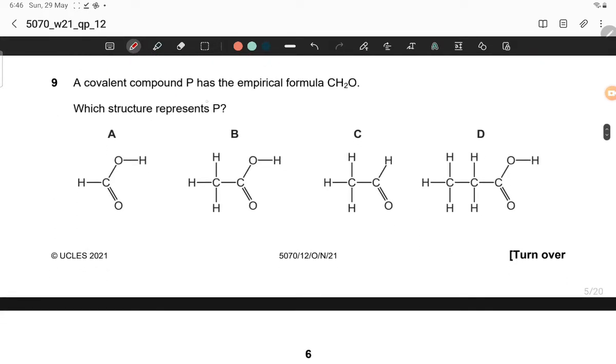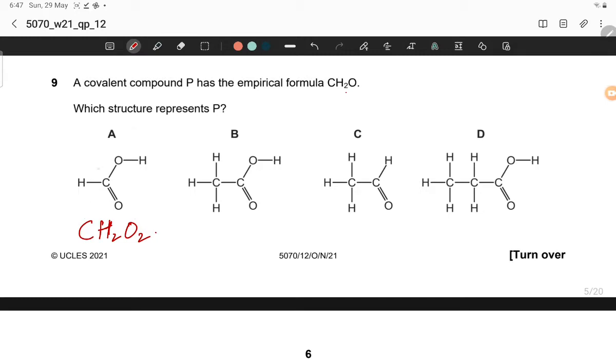A covalent compound P has the empirical formula CH2O. Which structure represents P? This is CH2O2, not only CH2.